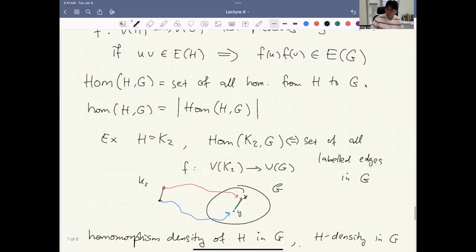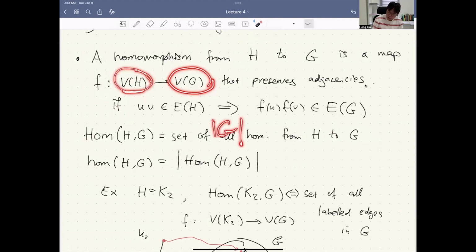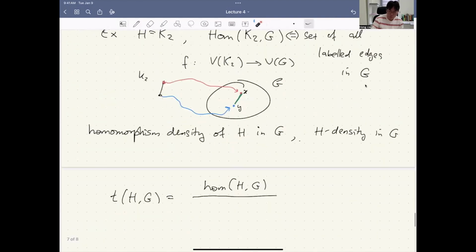What's the total number of maps? Each vertex in H has |G| choices, and we have to multiply for all vertices in H. So it's the number of vertices in G, that's the choice of each vertex, to the number of vertices in H. That many choices, that many we have to decide. So it's v(G) to the v(H).